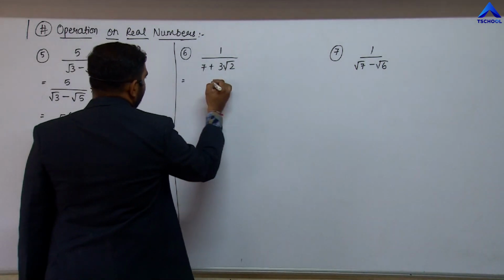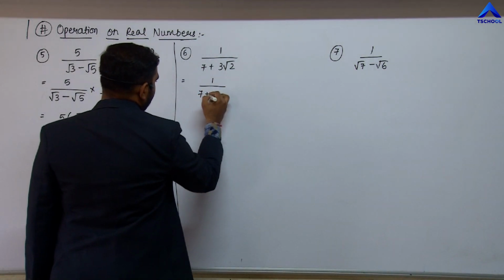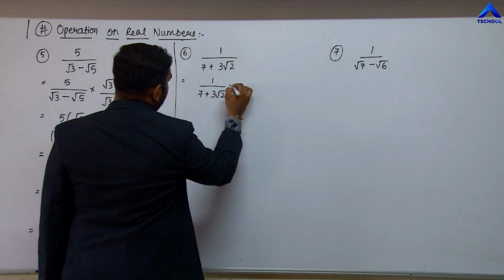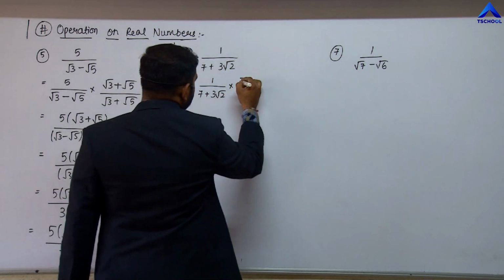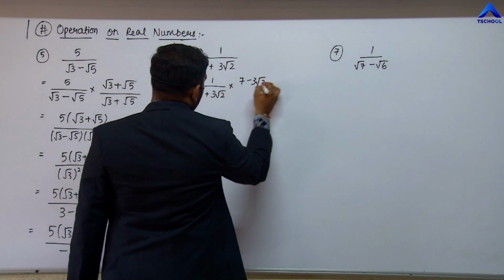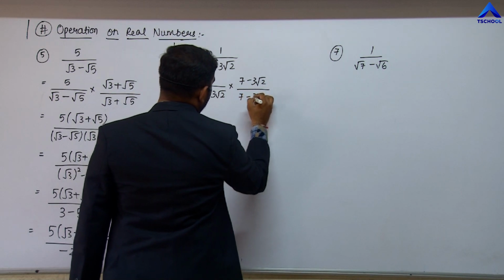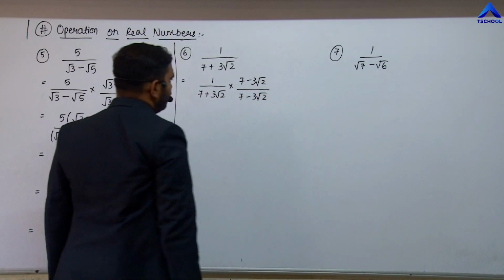So again I shall follow the same method, 1 upon 7 plus 3 root 2 multiplied by 7 minus 3 root 2 upon 7 minus 3 root 2. Right?